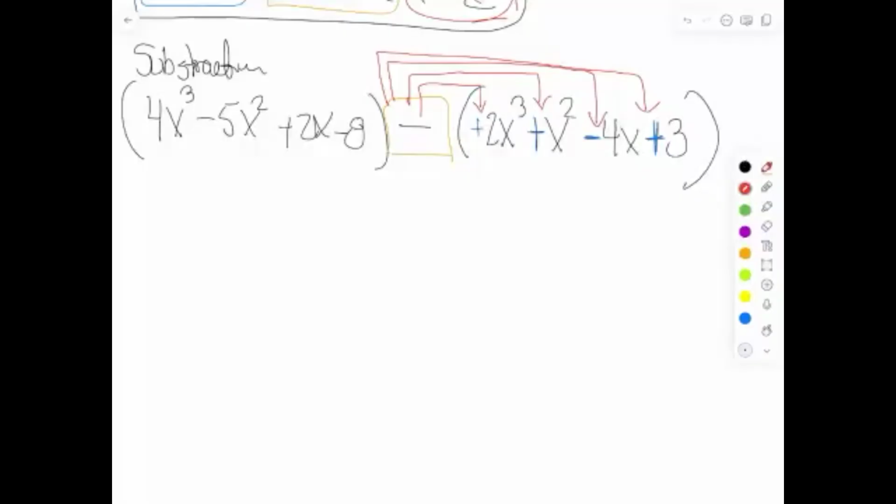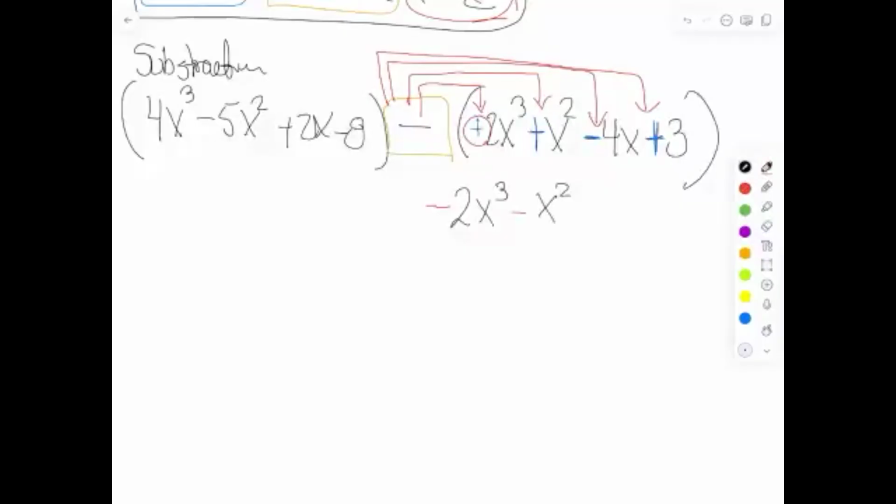What happens if you're a positive here with this negative? What's going to happen? You're going to become a negative. Negative what? Negative 2x to the third power. What's going to happen with the next positive? That's also going to become a negative. Negative x squared.